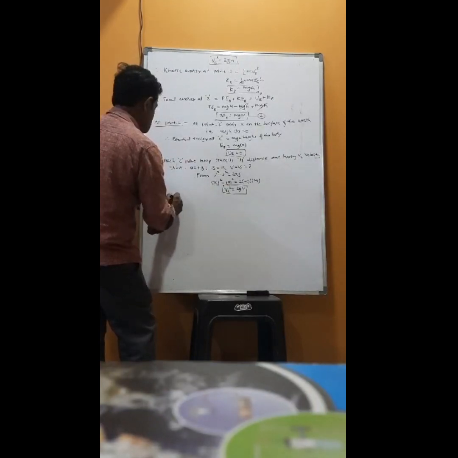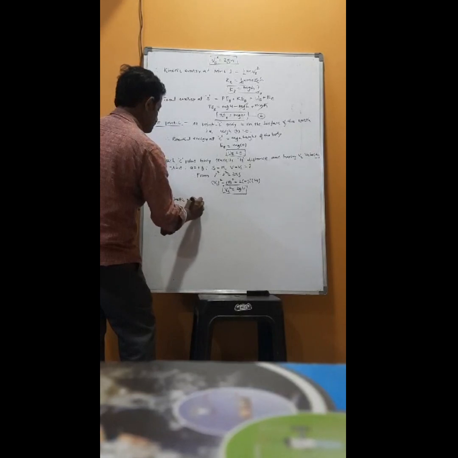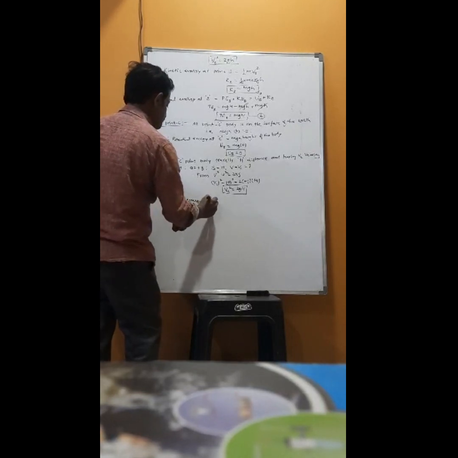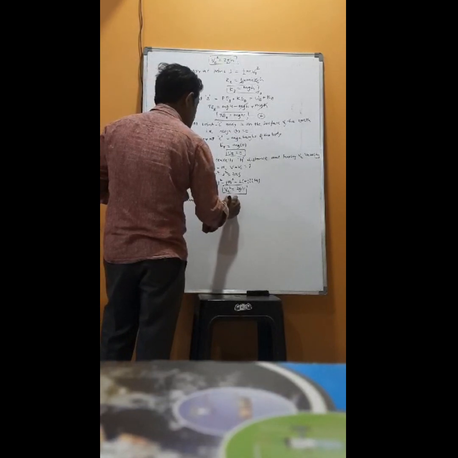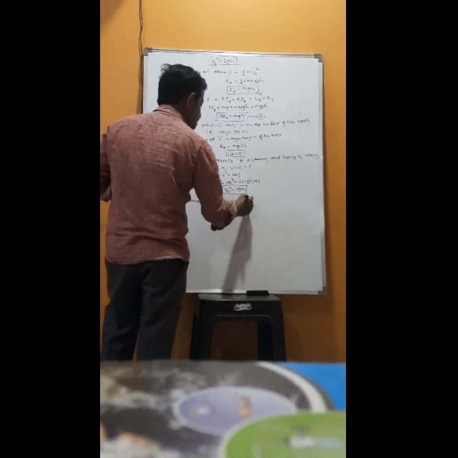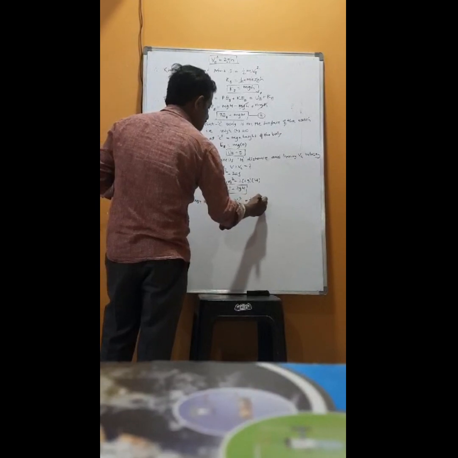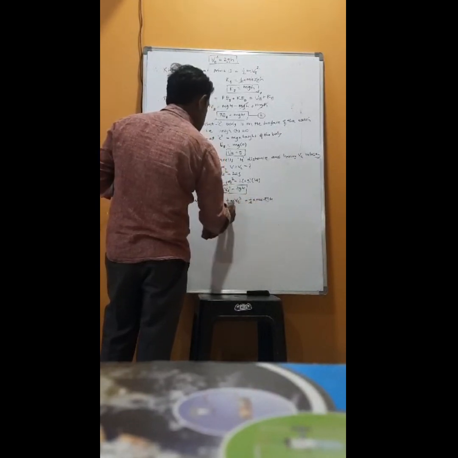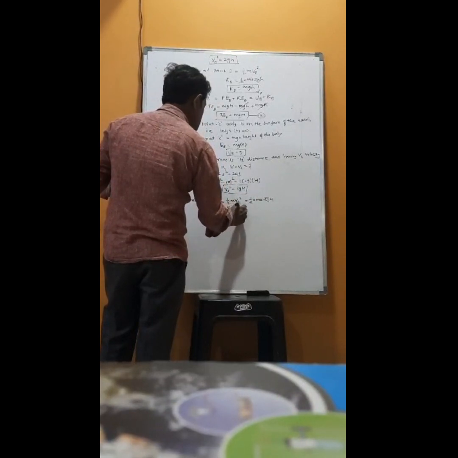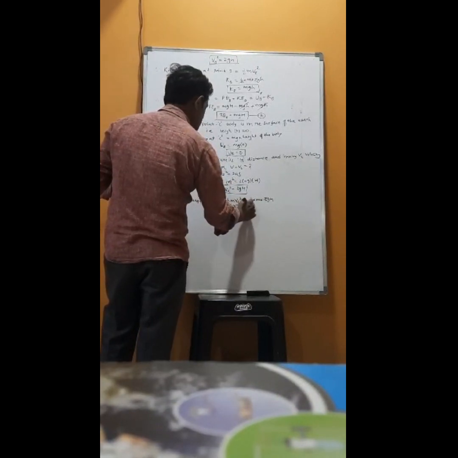Therefore, kinetic energy at C is equal to half m VC squared, that is half into m into 2gH. This 2 gets cancelled. K at C is equal to mgH.